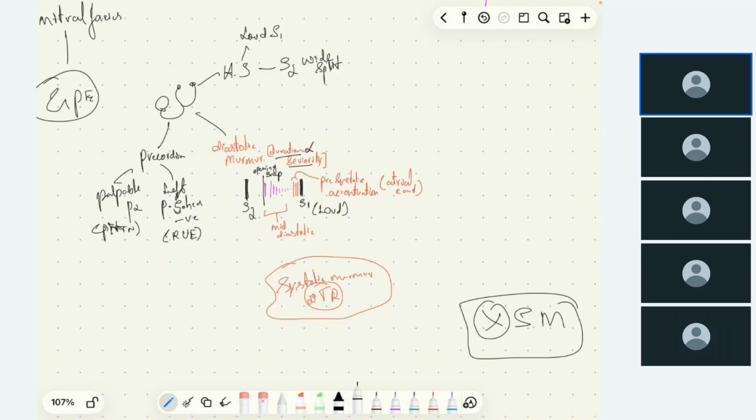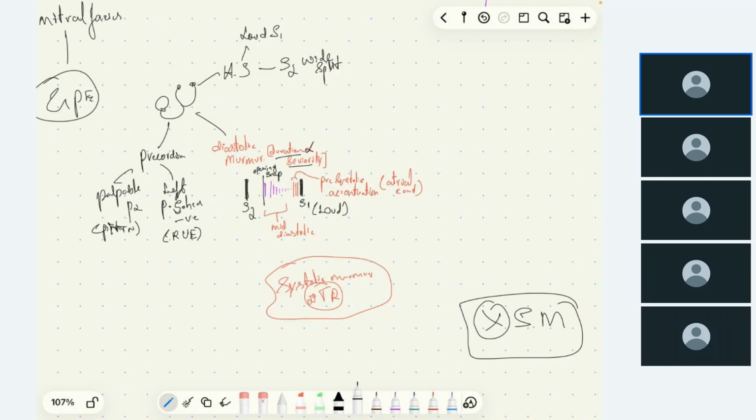Following the S2, that is closure of aortic valve, there is isovolumetric relaxation, ventricle is relaxing. Now the mitral valve should open adequately in order for adequate filling of left ventricle. In this case, it's not happening. The mitral valve is diseased. While opening, it produces an opening snap.